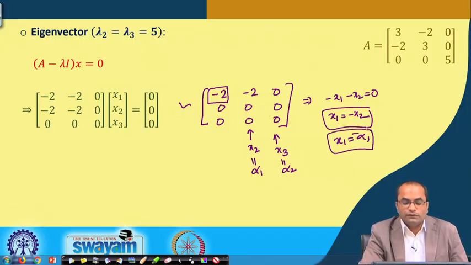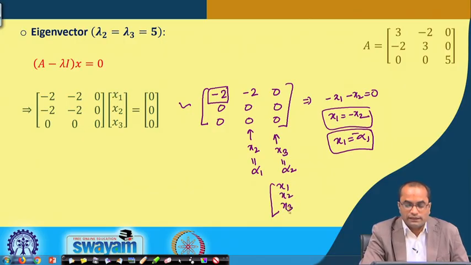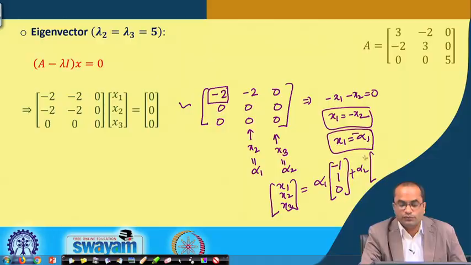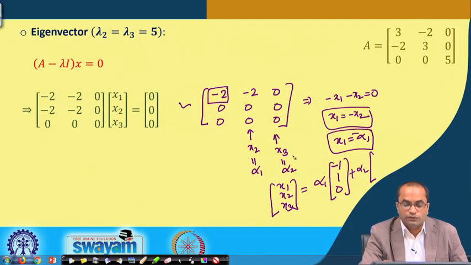So, we have now the vector x 1, x 2 and x 3 with alpha 1 and alpha 2. With alpha 1, in x 1 we have minus 1, in x 2 also we have a component here, and this is 0 with alpha 2. Again, in the x 1 component there is no alpha 2, in x 2 also there is no alpha 2, and here we have this 1.